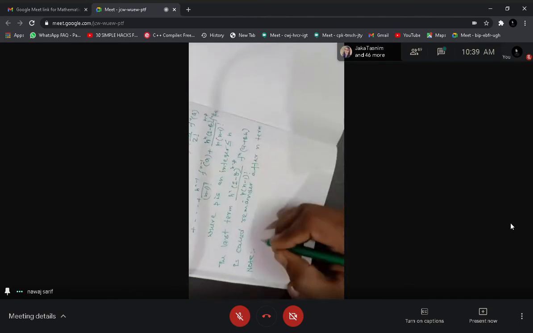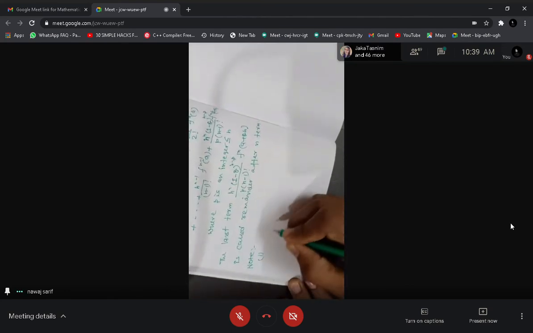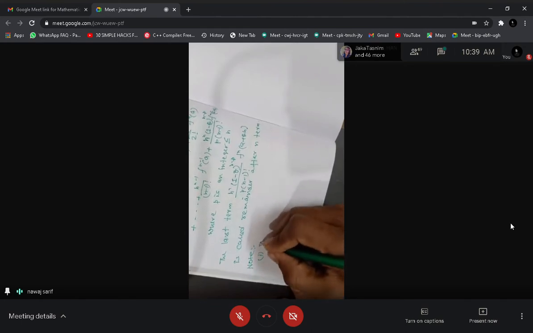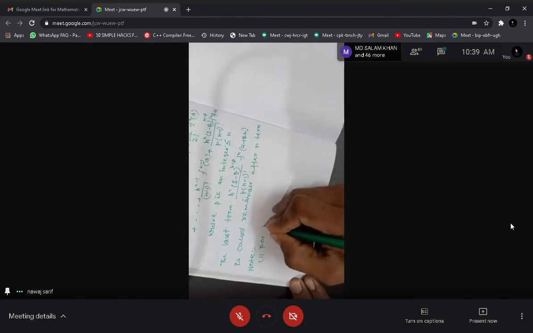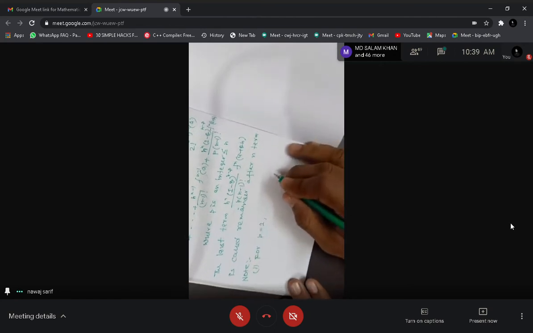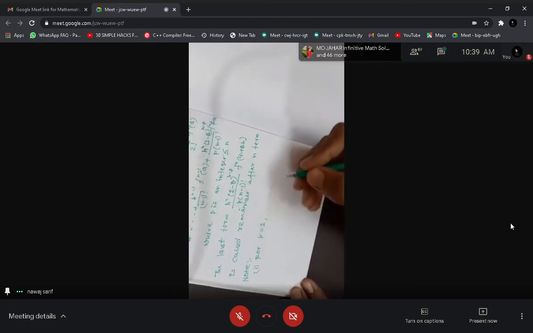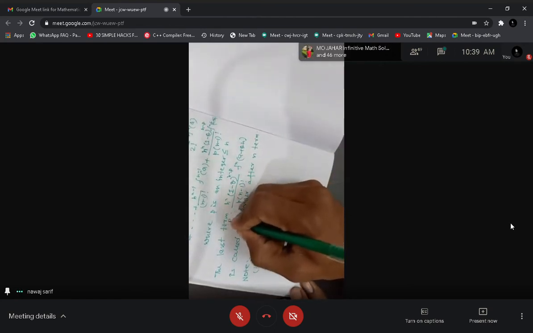Note down, number 1, for p equals 1, and denote this remainder as Rn.